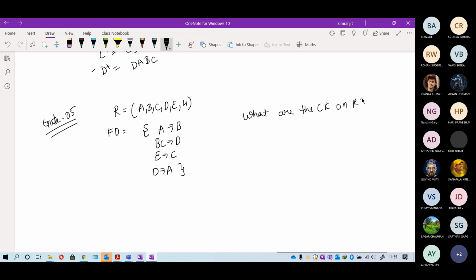on R. Okay, so when the options are given, it becomes very, very simple because you just have to take the closures of the options. Option A is AE, BE. If both are extracting out the whole table, then you can say that these are candidate keys. The options are: AE, BE, DE; CAEH, BEH, BCH; and DAEH, BEH.